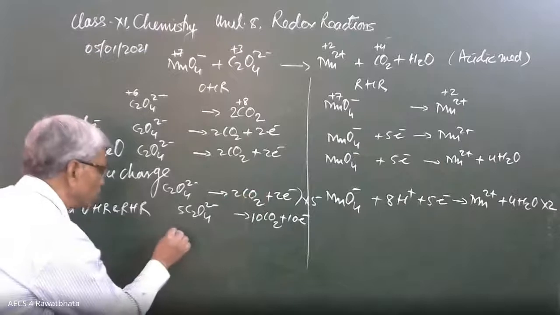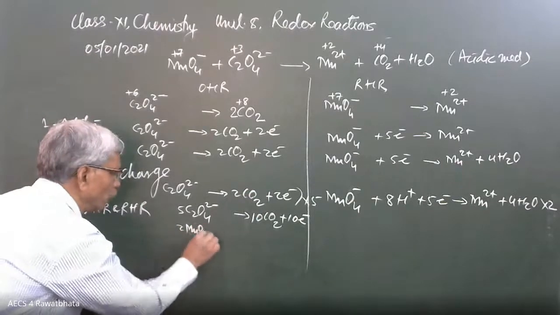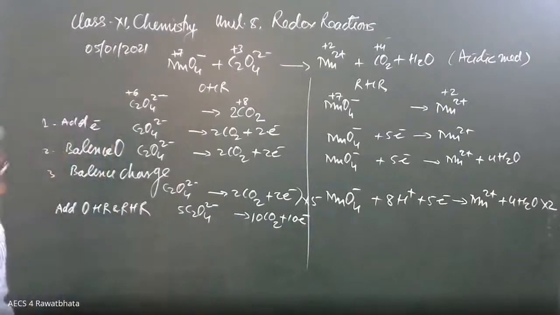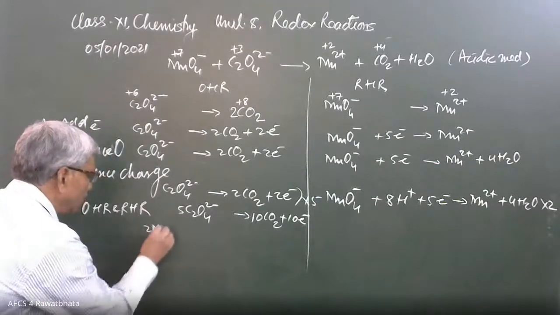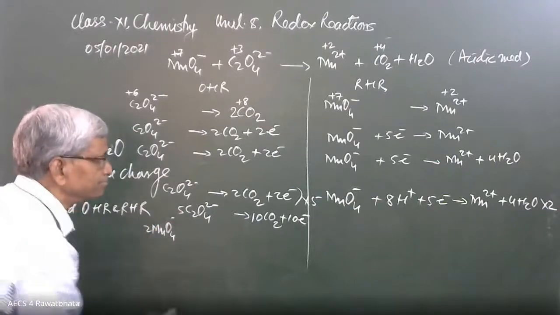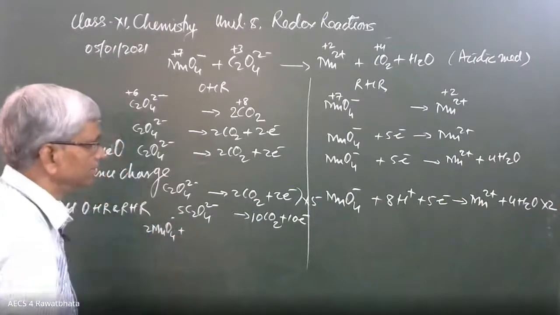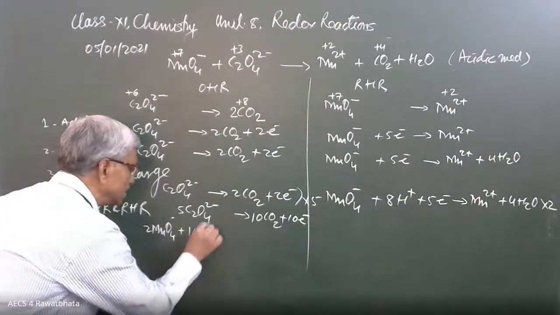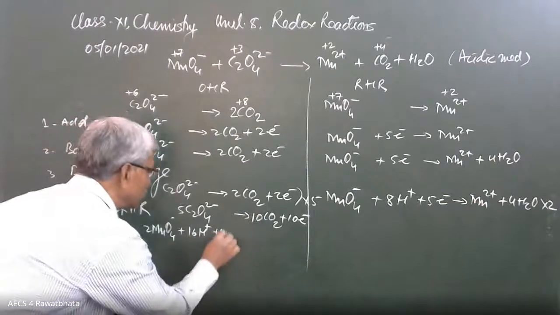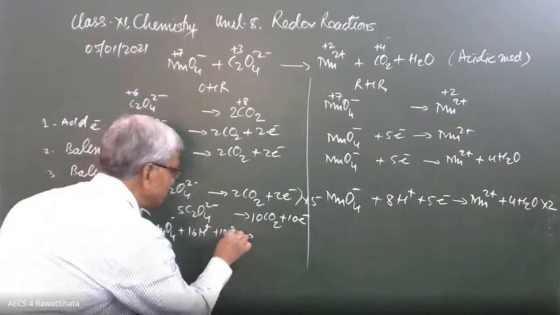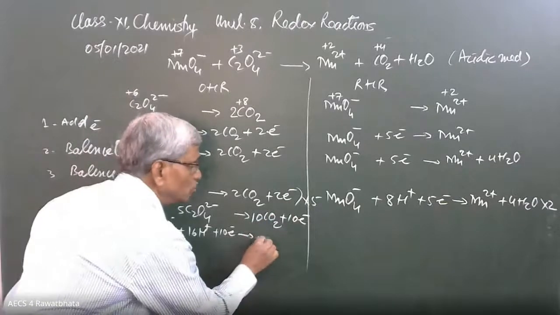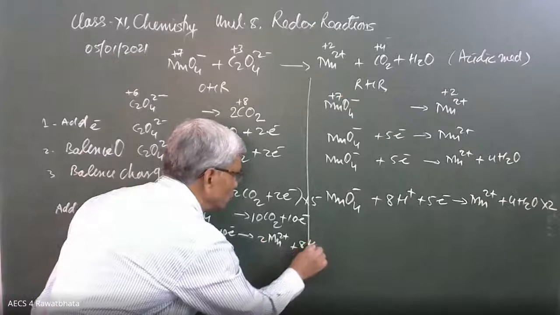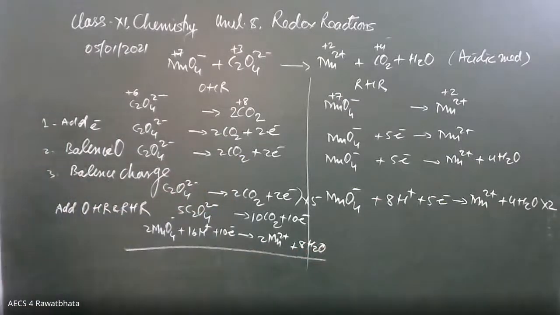Reduction multiplied by 2. 2 MnO4 minus plus 8 into 2, 16 H positive, plus 10 electrons gives 2 Mn2 positive plus 8 H2O, and then add.